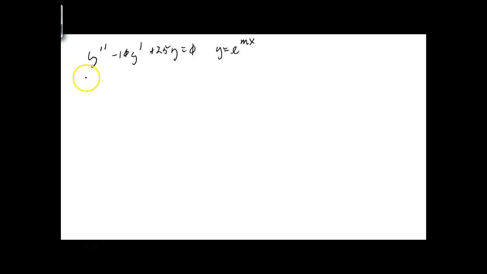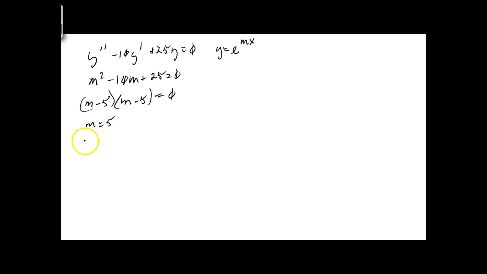Next. What is this one? m squared minus 10m plus 25 is equal to 0. m minus 5 times m minus 5 is equal to 0. So m is equal to 5.